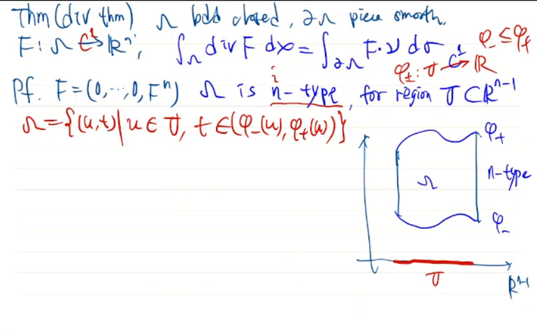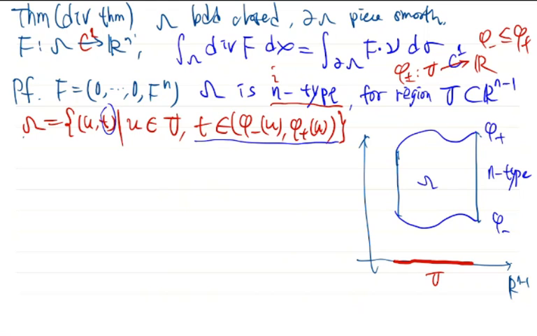I-type means that the i-th coordinate is bounded by the graphs of two functions of the other variables. So our n-type domain is that the n-th coordinate of the point in the domain, that is our t, is bounded by two functions of the other variables.